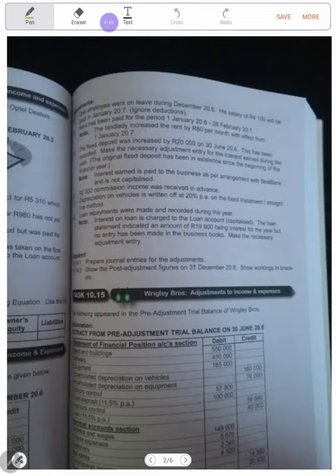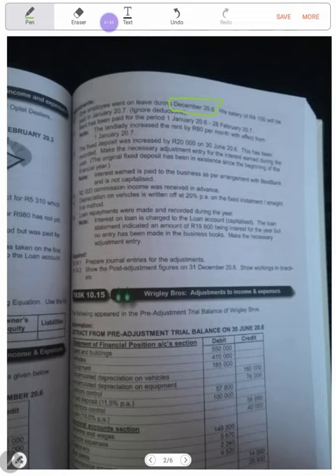It's just saying that they basically forgot to pay this man's salary in December, but they will account for it in 20.7. So what account is that, grade 10s? It is expenses payable. And we know that expenses payable is a liability. And what is the actual expense that should be paid? Salaries and wages.